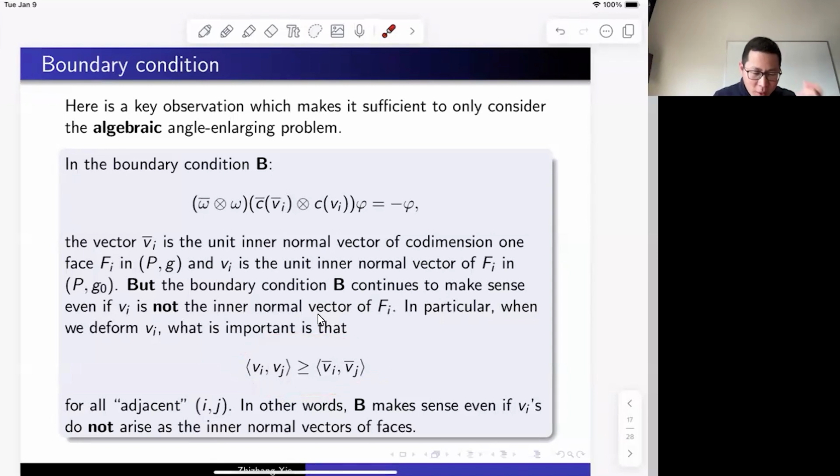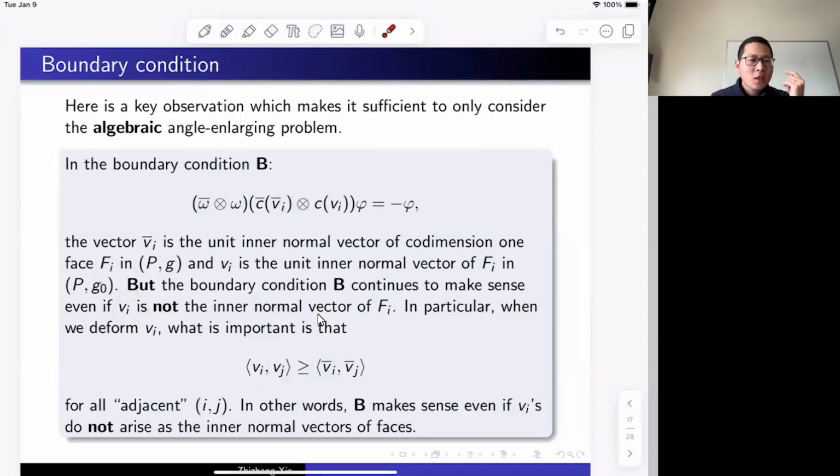What I'm trying to say here is you can forget about the geometry of P itself. You just need to remember there are some vectors. Originally, they're inner normal vectors, but in the index theorem itself, you are allowed to change these vectors. And in this deformation process, you don't need to always specify these vectors, Vi, to be the inner normal vectors of some geometric shape.